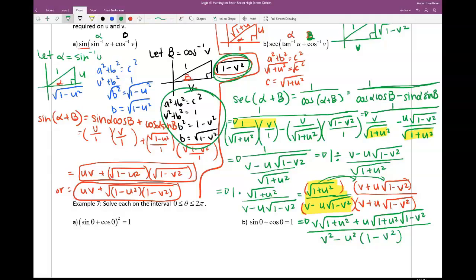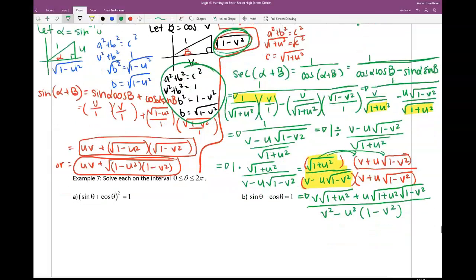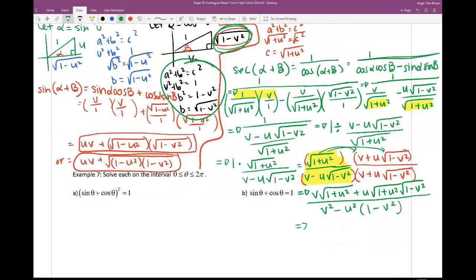Okay, so now we're just going to see if we can do anything to simplify. So let's check. This is v times the square root of 1 plus u squared on the top, plus, technically you can keep these two right here as their own radicals, or you can multiply and put it under one common radical like this.